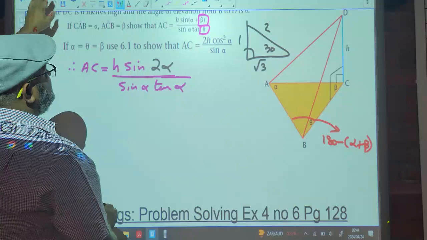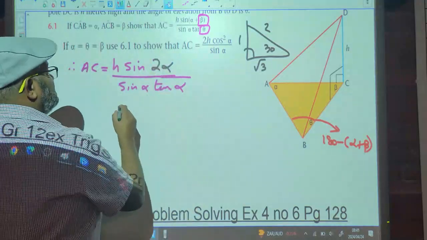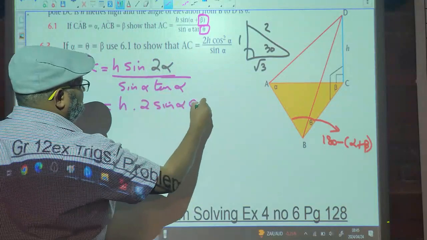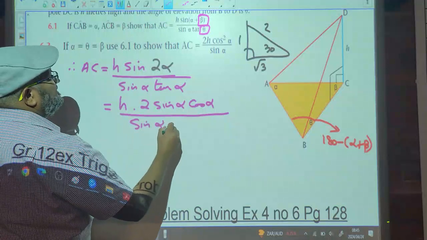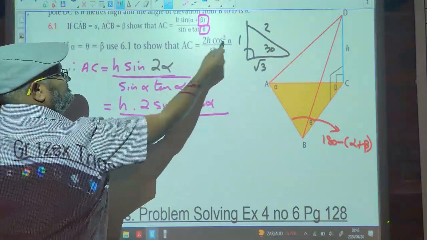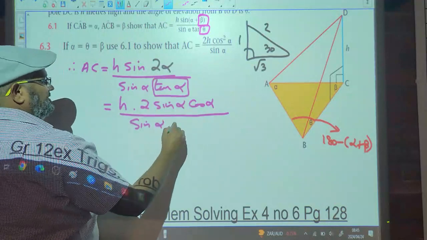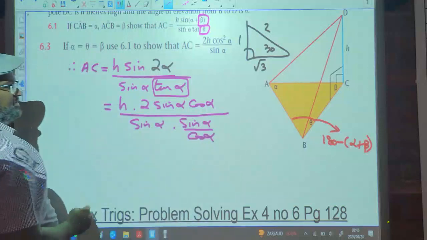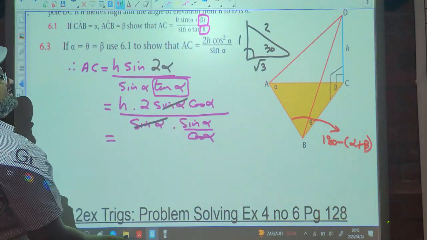Double angle. And sine of a double angle can be written as 2 sine alpha cos alpha over sine alpha. You see there's no tan here. So what do you think is going to happen to tan? It becomes sine alpha over cos alpha. So what happens now? Sines cancel.